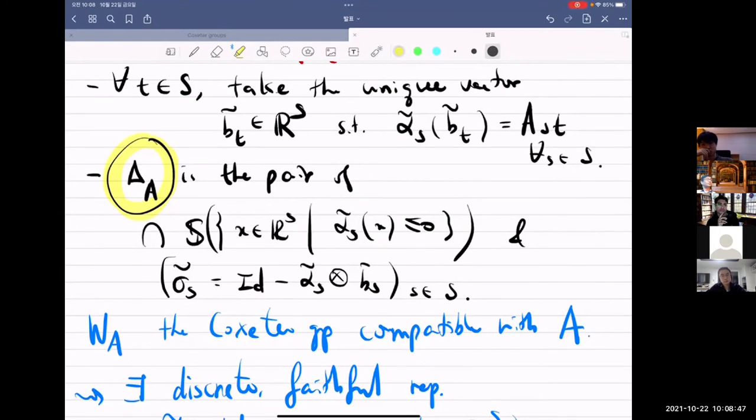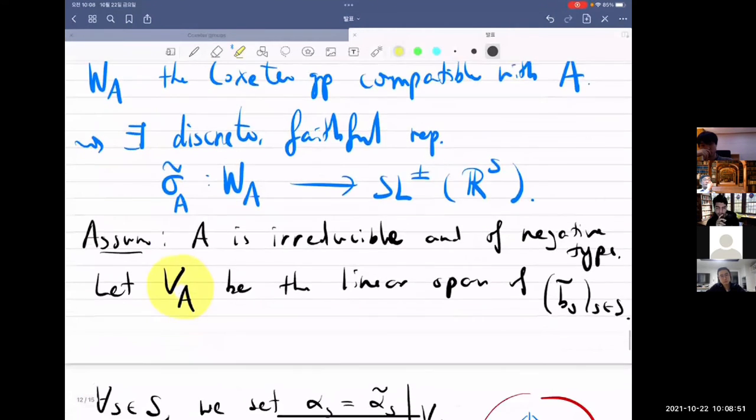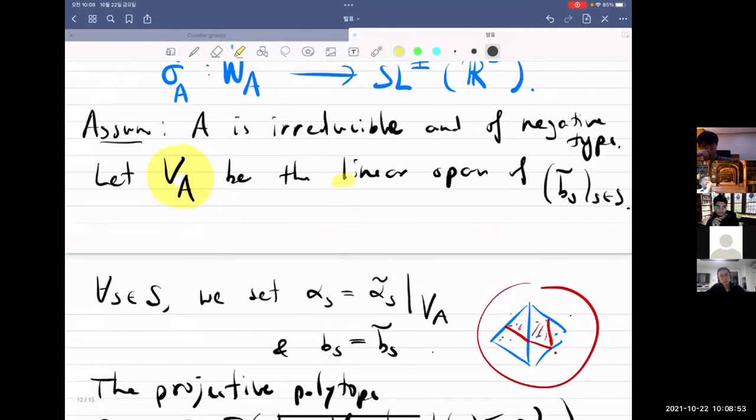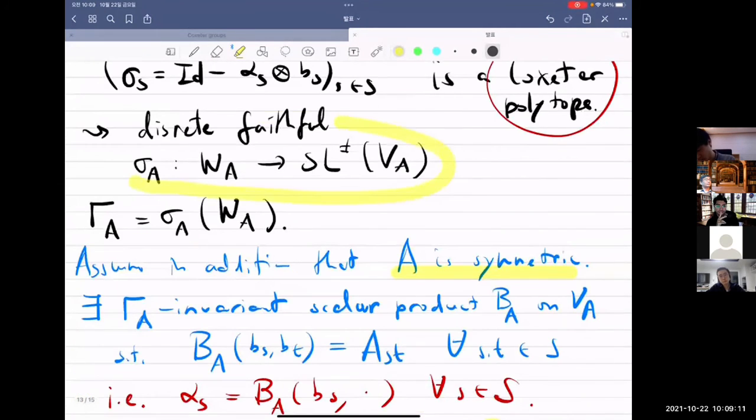That's true. But then here we take the linear span of this guy. So then this space has exactly the dimension p plus 1 in this case. So then we obtain these representations. Here again, this V_A has dimension p plus 1.